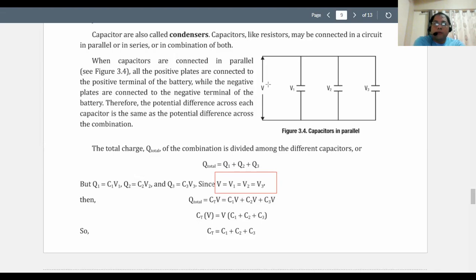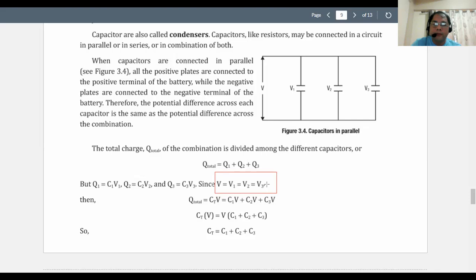When you remove one appliance in your house, like an electric fan, it does not affect the rest of the appliances in your house. The rest of the appliances will still function despite the fact that you detach your electric fan. Because again, the connections in your house are done in parallel. So what you notice there is, first of all, the voltages of all the appliances, or the capacitors in this case, are all equal.